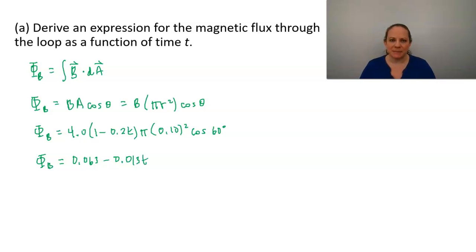0.013t. So scoring, we're going to have 1 point for properly using a correct equation to calculate magnetic flux.